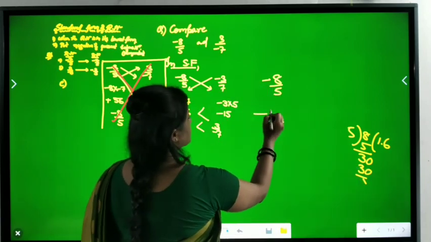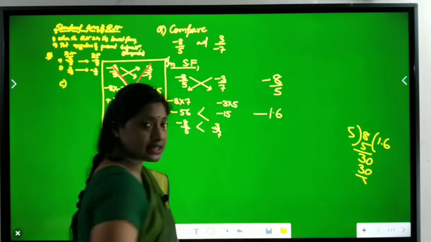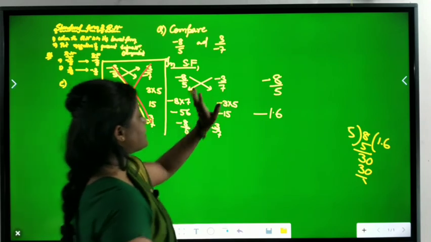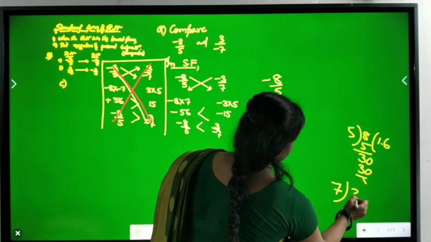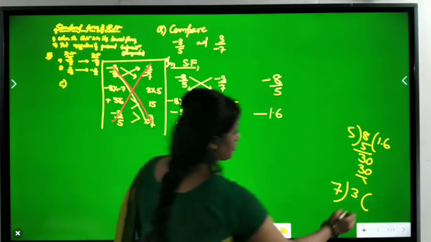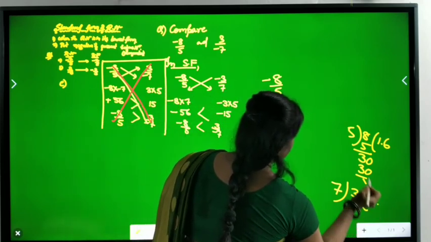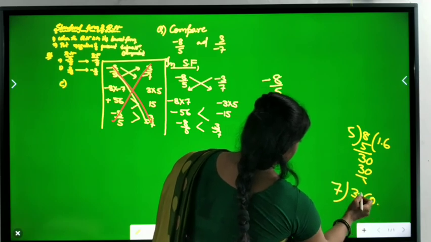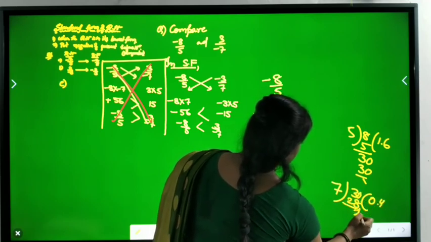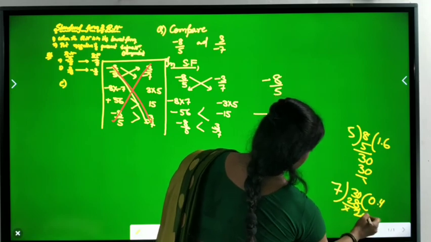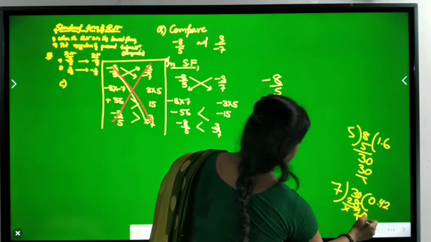That means you will get minus 1.6. Once again, 3 by 7, that is, divide 3 by 7. You will get 0.4. 7 4s are 28 and this is 2. Then 0, 7 2s are 14 and so on.